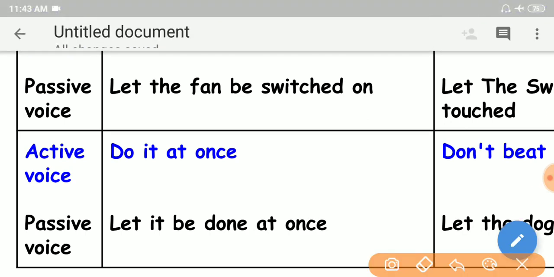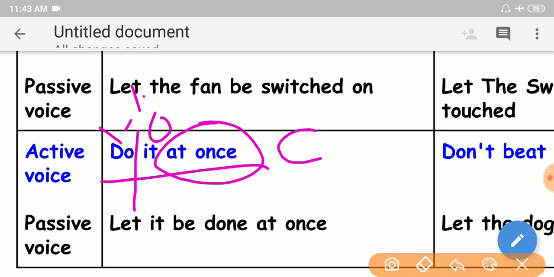Here, active voice: Do it at once. Do is the V1 form of the verb. It is the object. At once is the complement, my dear friends. When a non-animal thing is in the object position, generally we take let as the helping verb.